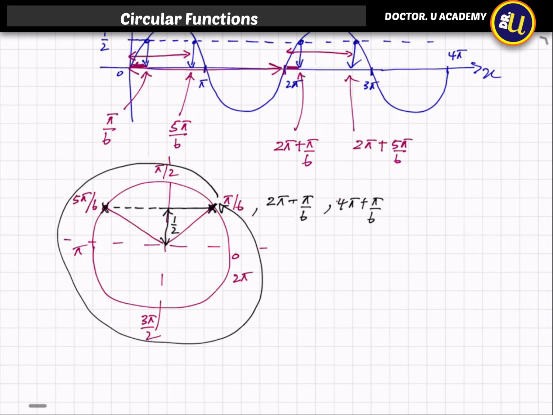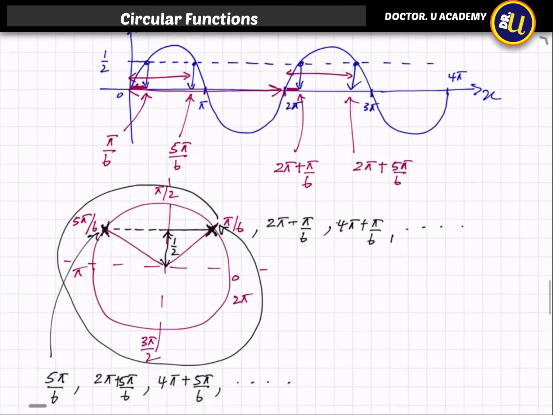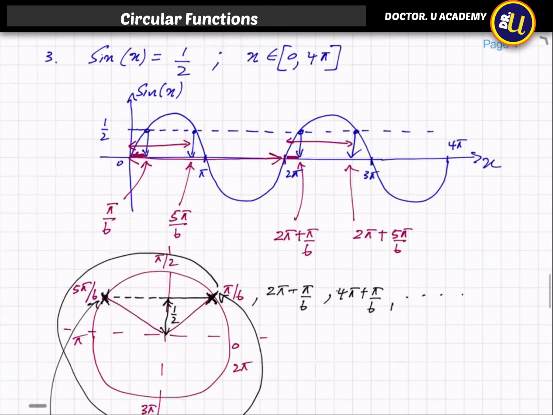Similarly here, 5 pi divided by 6 as well as 2 pi plus 5 pi divided by 6 and 4 pi plus 5 pi divided by 6. So all of these are approaching the same position here, where the value is half. So that's why some of the teachers teach this using this circle, but it is a little complicated and hard to understand, but you can stick with this.